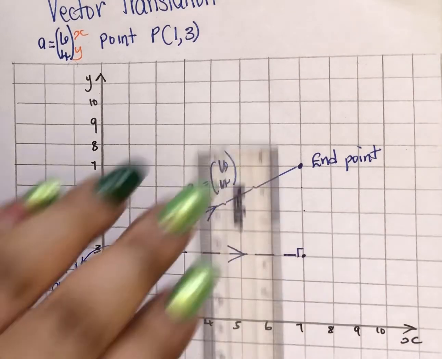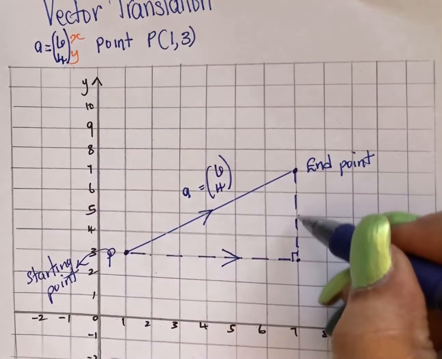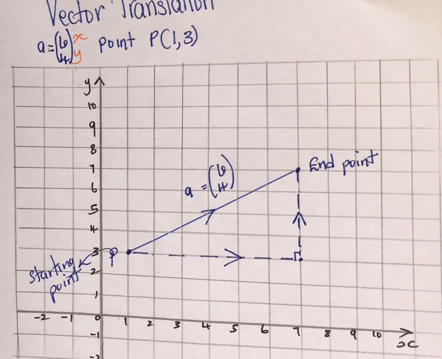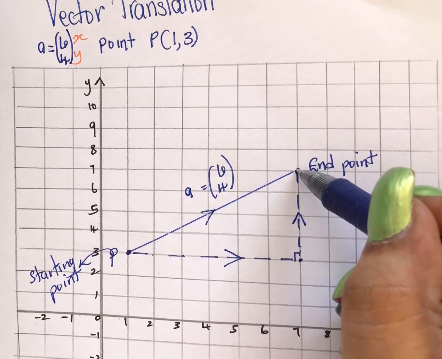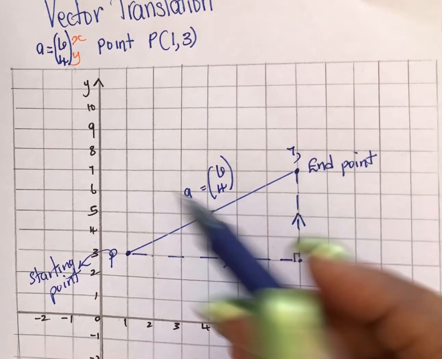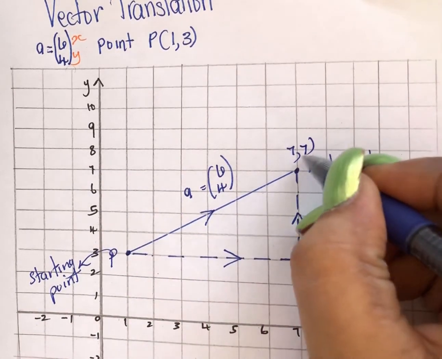I indicate with my arrow. And then I went up 4 units. Again, I indicate using my arrows. Now this endpoint, I will identify the x value. In this case, the x value is 7. And my y value is 7 as well.